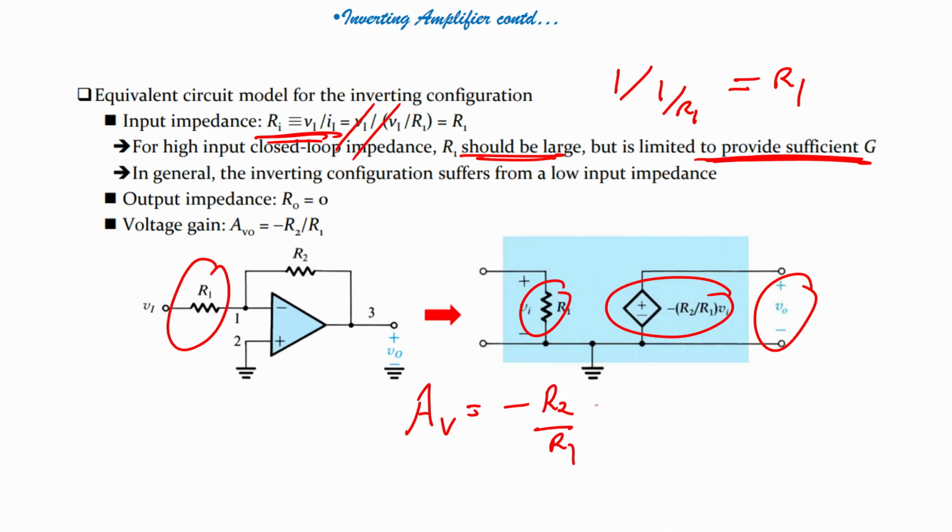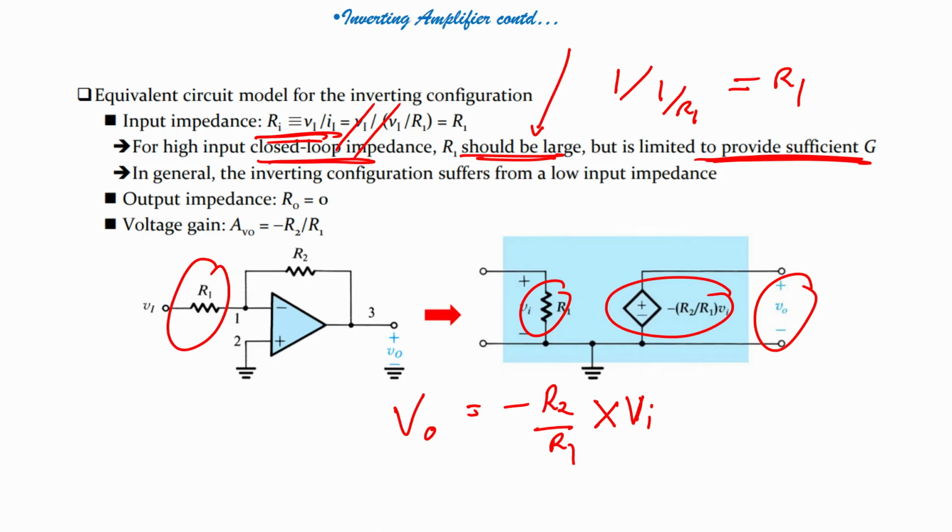If I say output voltage Vo is nothing but R2 by R1 into input voltage Vi, correct. Now, what we are saying here is that for high closed loop input impedance, we should have R1 extremely high.